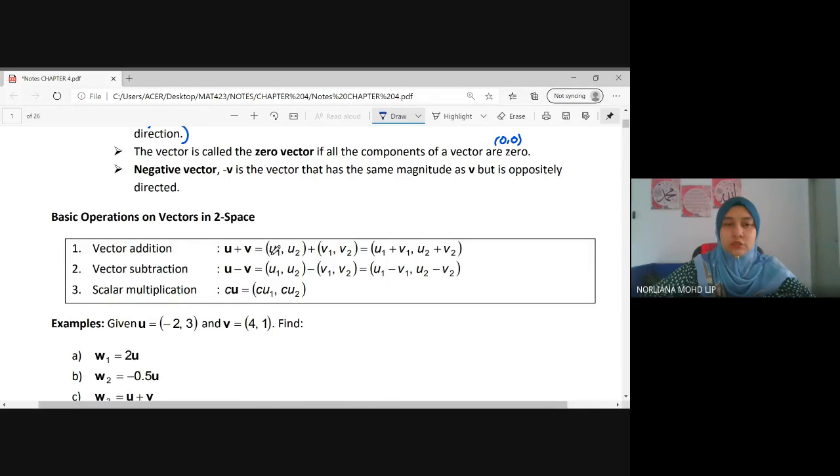We let vector u equal u1, u2, and vector v in two space be v1, v2. We add vector u and vector v, so we get u1 plus v1 and u2 plus v2. The second operation, subtraction: u minus v. So we get this one.